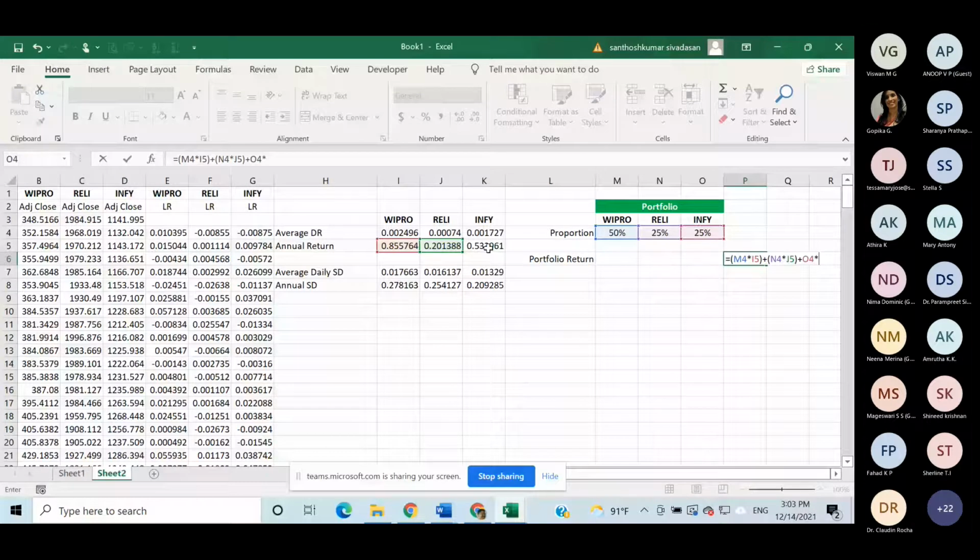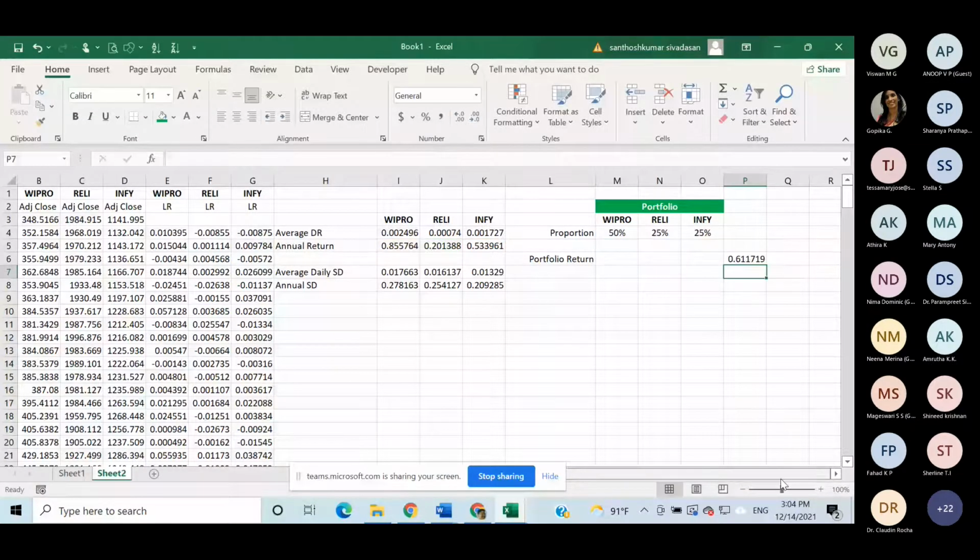So you are taking the weighted average of the individual stock returns to find the portfolio return. So the portfolio return is 0.61 or 61%.